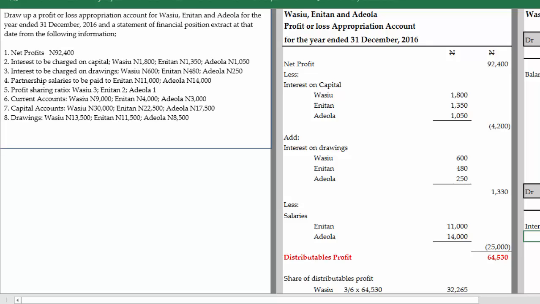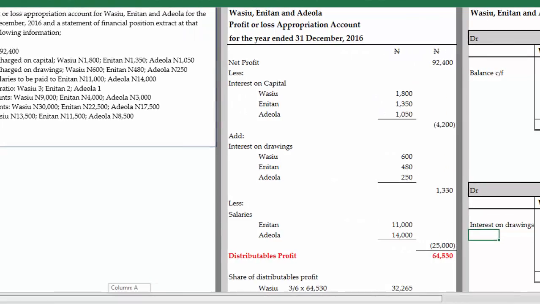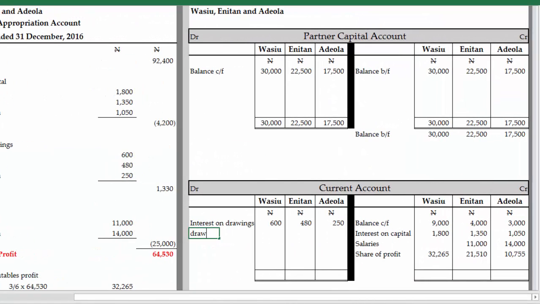And to show a decrease in capital, you debit the current account. Drawings: Wasiu 13,500, Enitan 11,500, Adiola 8,500.